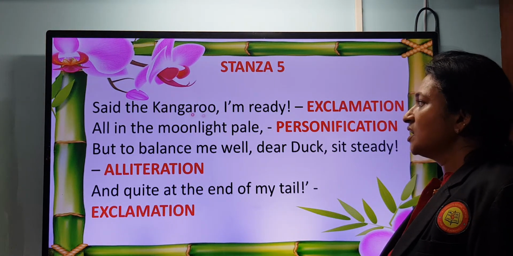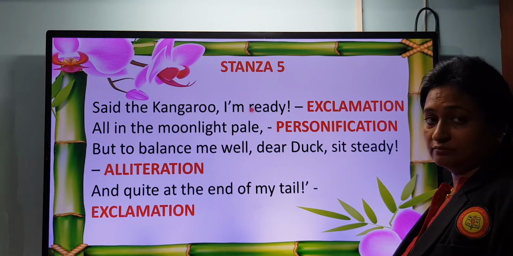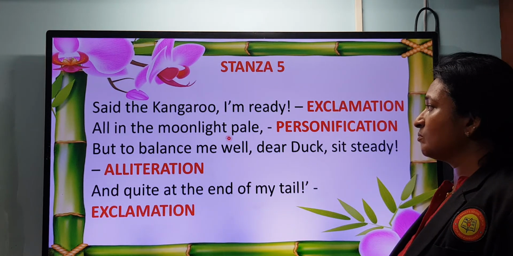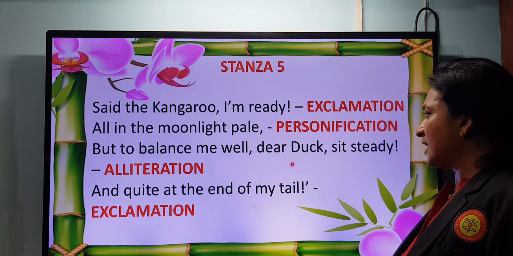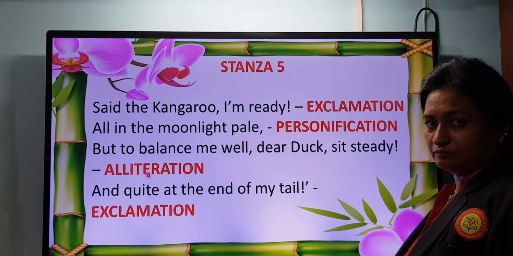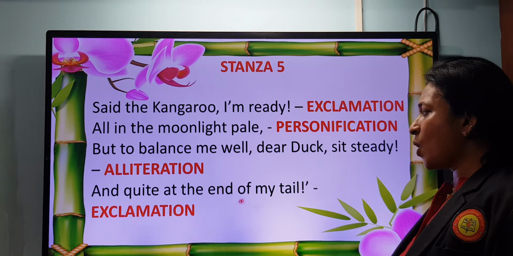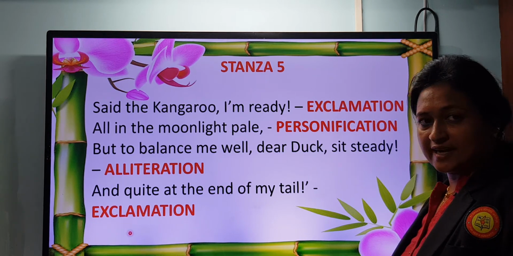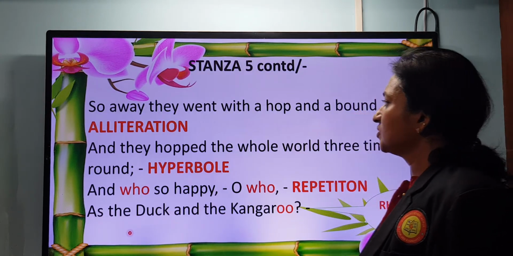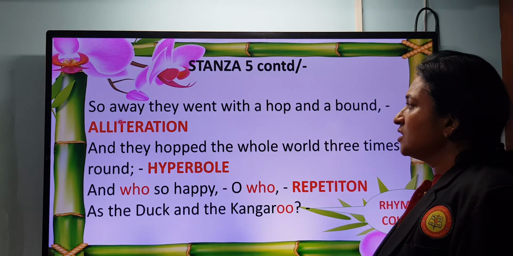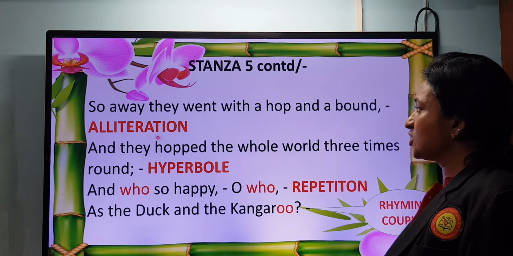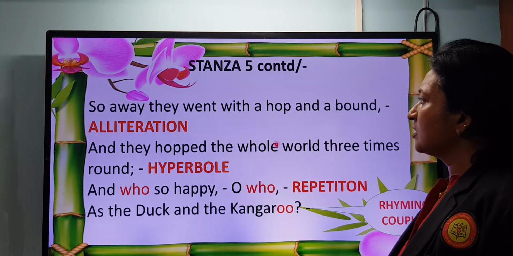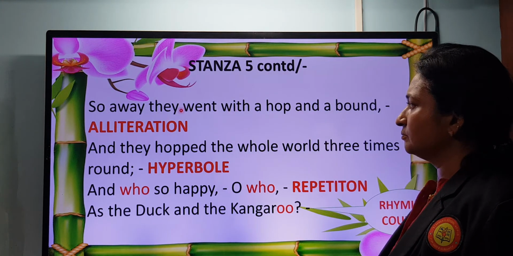Stanza 5: said the kangaroo, I'm ready, exclamation. All in the moonlight pale, personification. But to balance me well, dear duck, sit steady, alliteration, and quiet at the end of my tail, exclamation. Continuation: so away they went with a hop and a bound, alliteration, W is being repeated here.